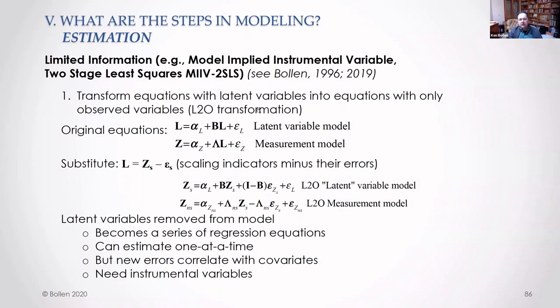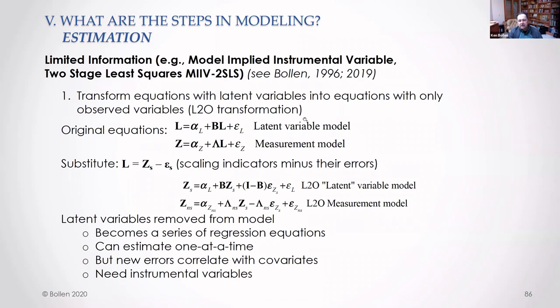Here are the original equations we had, two of them, a latent variable model and a measurement model. I said that each latent variable needs to have a scale assigned to it, and those are the scaling indicators. Well, it turns out we can write the latent variables as equal to the scaling indicators minus their error terms. And when we do that, we can go back to these two equations, and every place that L appears, we can replace it with the scaling indicator minus its error term.